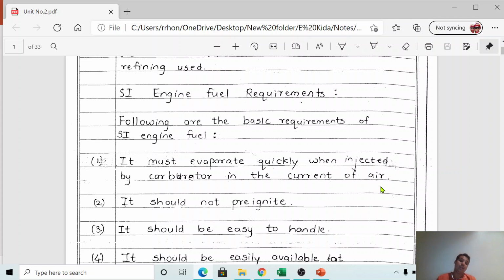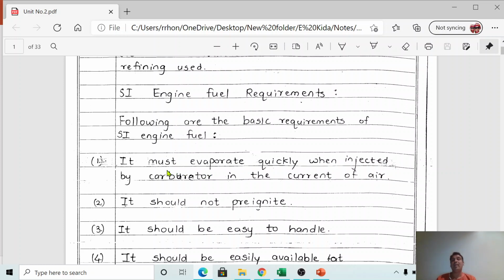That is again very important. When we use a carburetor as a device to supply the air and fuel mixture inside the engine cylinder, this requirement is very essential.